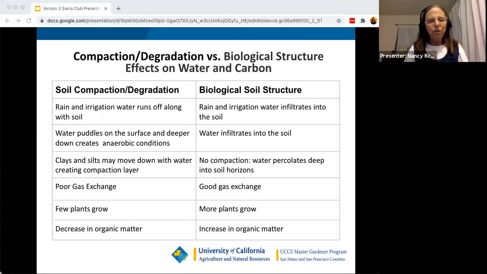So now let's review how water and carbon is impacted by compacted or degraded soil versus soil with good structure. In a compacted or degraded soil, rain and irrigation water just runs off along with the soil. But if you have good structure, that water infiltrates right in.